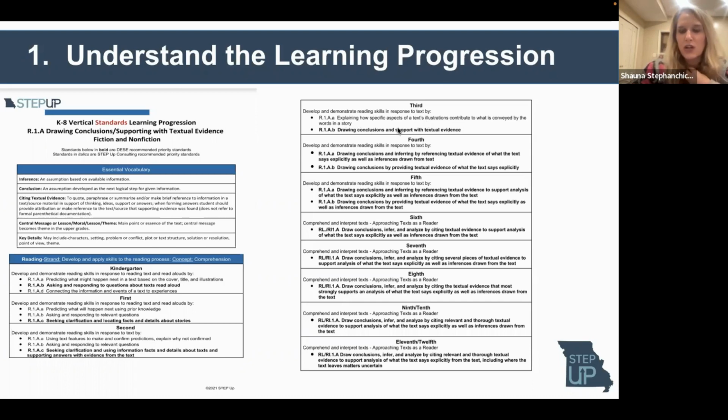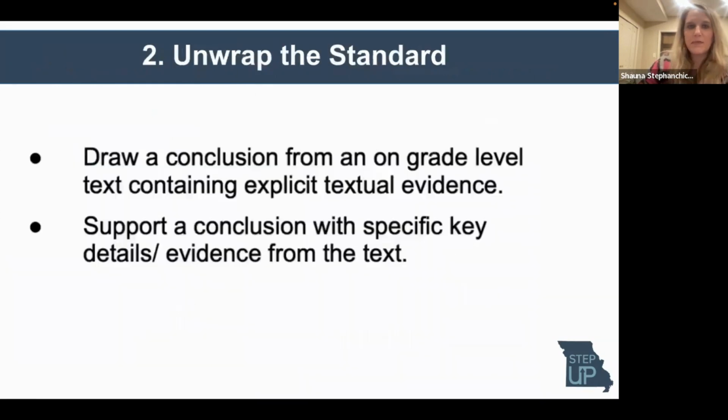So if you can't draw a conclusion, you have to back up and understand, how can pictures help us figure that out? We could back up to second grade. You might need to look at certain information and facts or text features to help you understand that. You might need to know how to ask questions about a text. So again, before we can help a student go along this progression as teachers, we need to know the learning progression and how our standards even build to help communicate that to students.